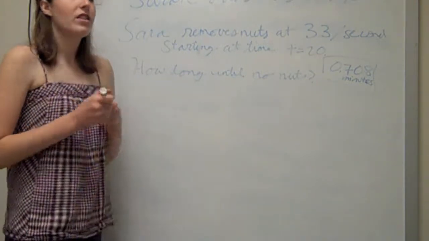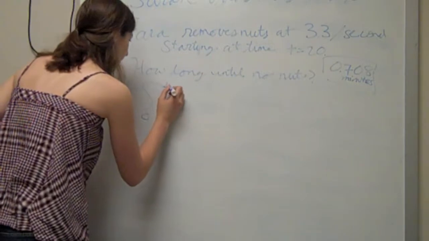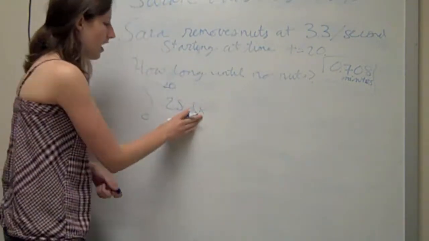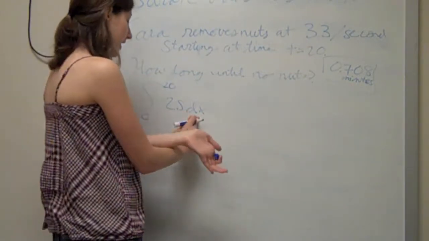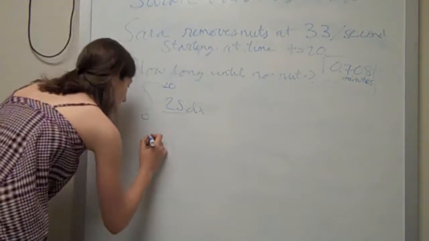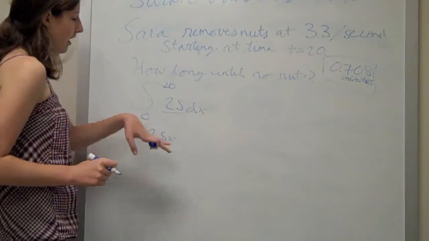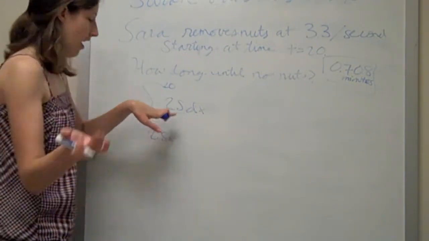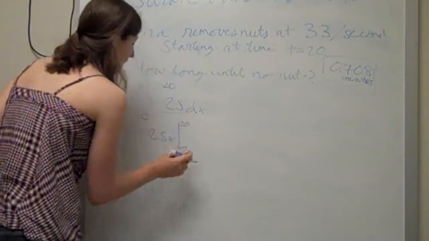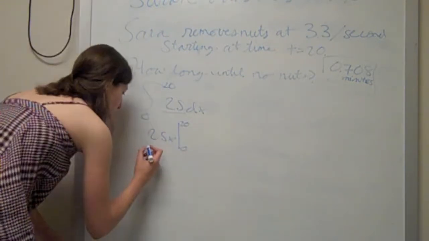And to do that, we follow the same procedure as the last problem, in which we integrate from 0 to 20 our rate, which is 2.5 dx. And the dx shows that we are integrating with respect to x. Now, the first step is finding the antiderivative of our rate, which is going to be 2.5x, because if you take the derivative of 2.5x, we get our rate of 2.5. So we're going to go ahead and have our bounds, and we are going to plug those in.